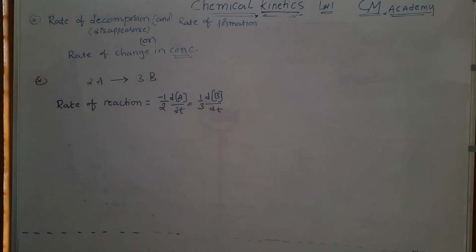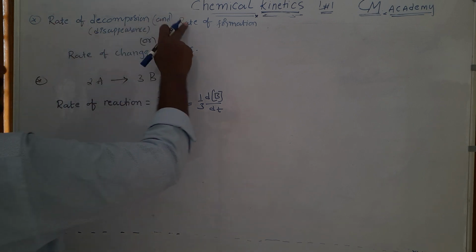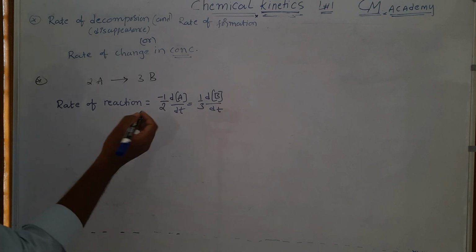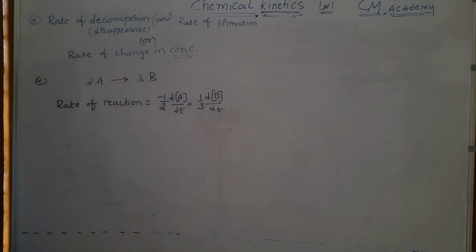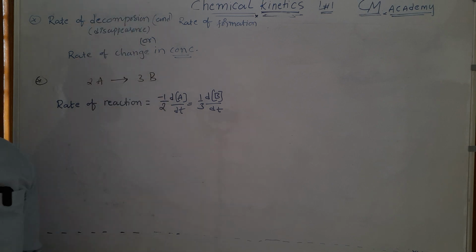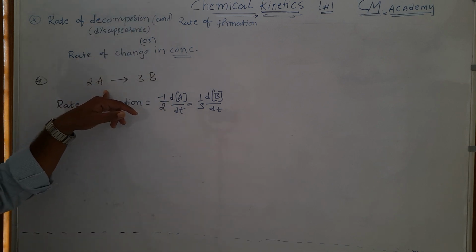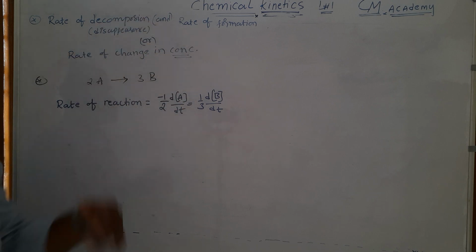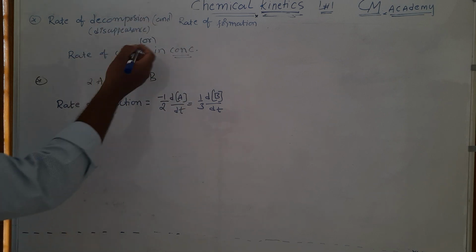This is the rate of reaction. Then what is the rate of change in concentration? Simply, how much of A is being used and how much of B is being produced. How much concentration of A is decreasing, how much of B is increasing. That is the rate of change.